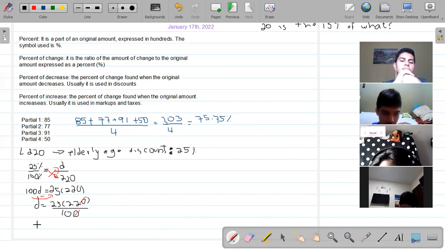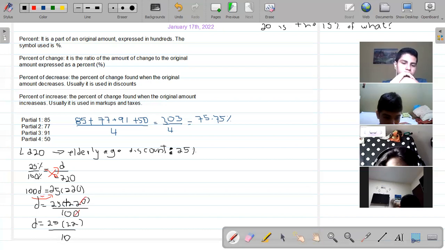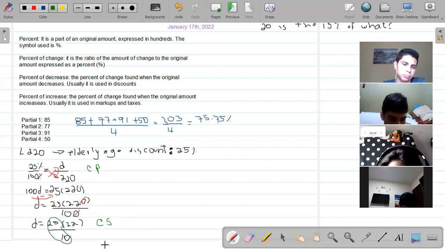So what am I going to have left? We got D is equal to 25 times 22, because that zero got canceled, everything divided by 10. Now we're going to use cross simplification. What we did over here was cross product. Now we are going to use cross simplification, and I'm going to simplify the 25 and the 10.